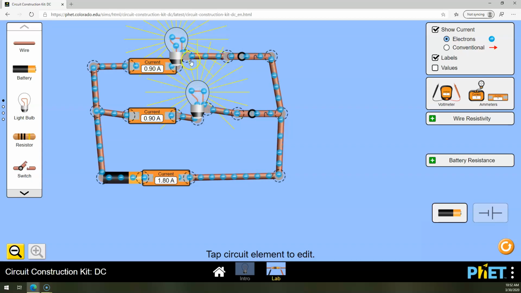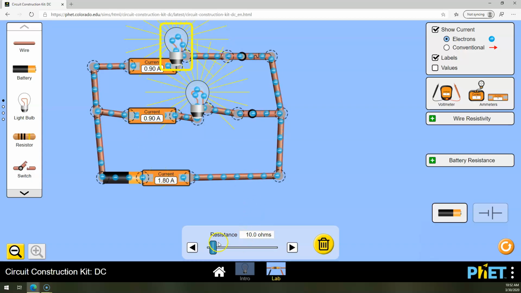Current here is 0.9, current here is 0.9, but the current here is 1.8. Why would that be? Well, think about it. This is saying that there's 1.8 of something flowing. If there's 1.8 total, and it has to split up, then these two things are both going to get a part of that 1.8. And in fact, 0.9 and 0.9 comes out to 1.8.